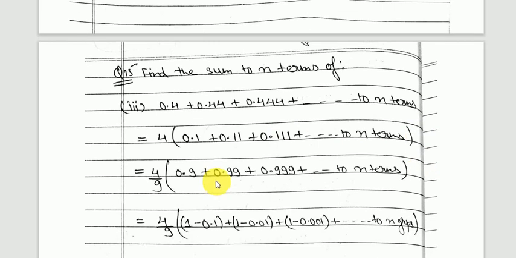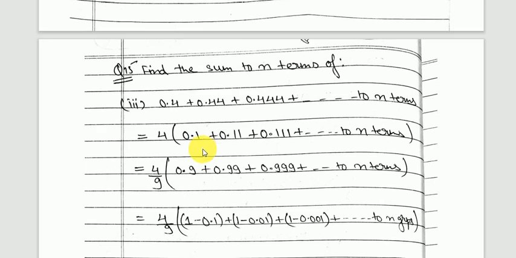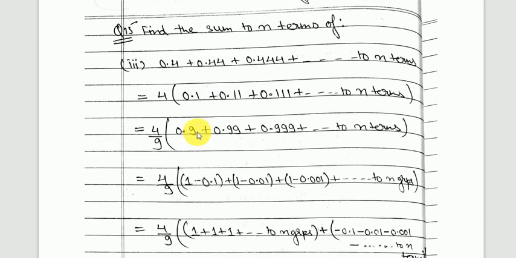Still, whatever we got in this bracket cannot be found using AP or GP. So we will do some manipulation. We will multiply throughout by 9 and divide by 9. So we get 0.9 plus 0.99 plus 0.999 to n terms.